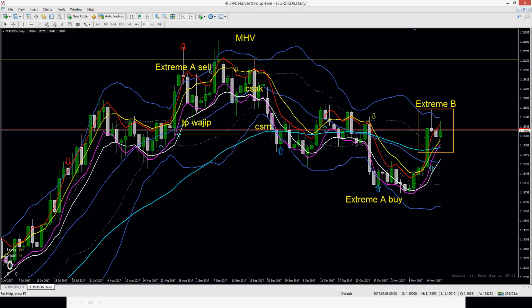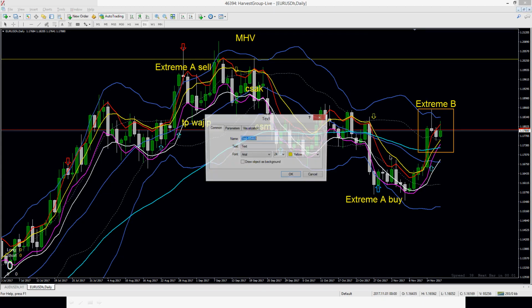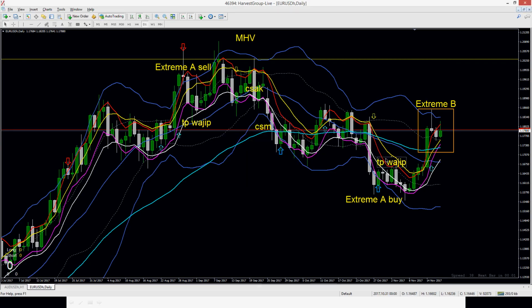Now you have another signal over here which is not confirmed yet. However, you have extreme A buy, and then you have TP Wajib. TP Wajib is also, if you look at this from a sell point of view, you have candlestick momentum over here, and you have re-entry.